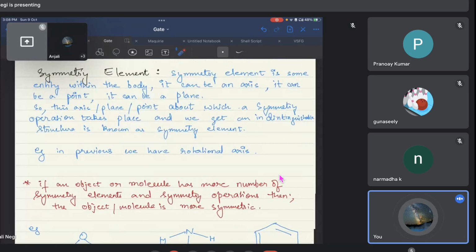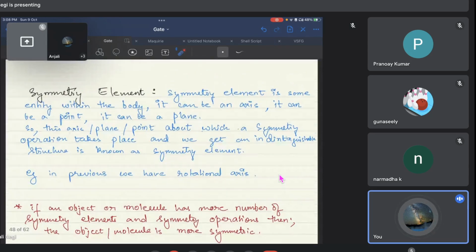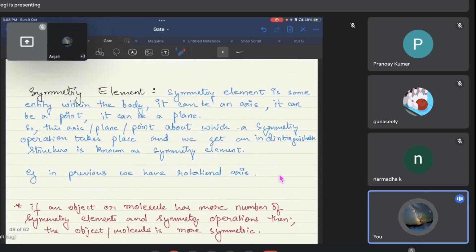Now, what are symmetry elements? When I say symmetry element, this element is some entity within the body or outside the body of the molecule or any object. It can be an axis, it can be a point, it can be a plane. So this is the axis, plane or point about which a symmetry operation takes place.